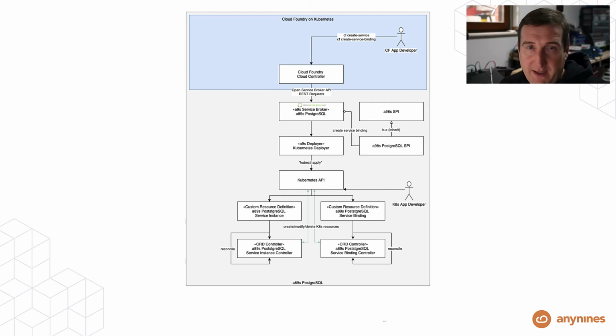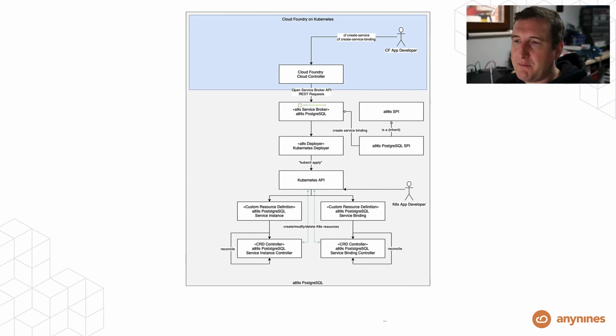Now you could repeat that and apply a similar logic with Kubernetes, but I don't think it is really a good choice for Kubernetes, because we want to also support Kubernetes application developers who would not use the service broker, but use the custom resource definition in operators directly.